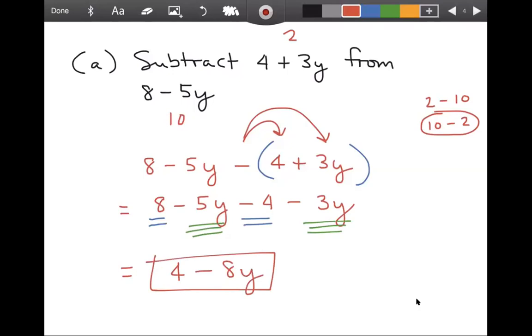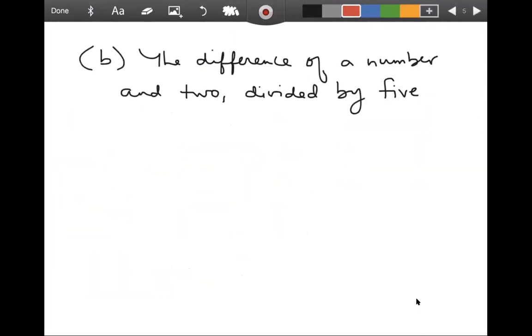All right, next example, the difference of a number and 2, divided by 5. So notice the comma there. That was kind of nice of them to put that in. Otherwise, it might be a little ambiguous with the order of operations.